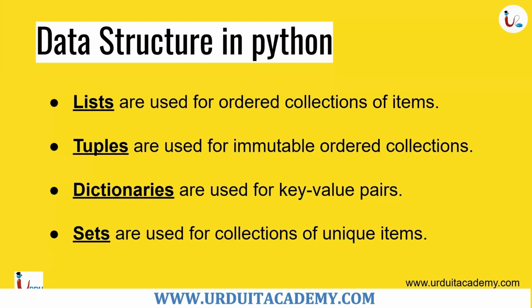Data structures are used to store and organize data in a way that enables efficient access and modification, so that we can easily access and modify the data. The main importance of using a data structure is efficiency.